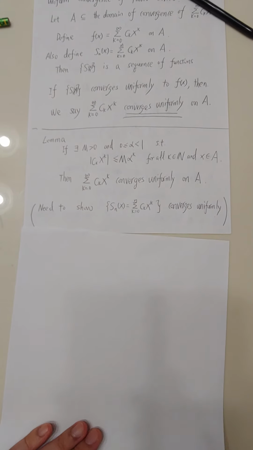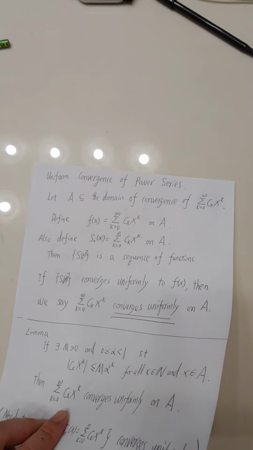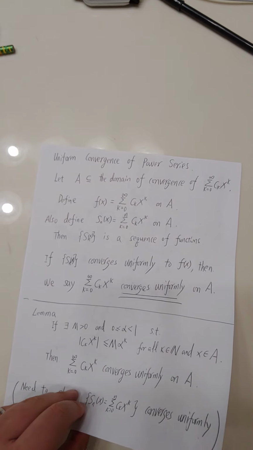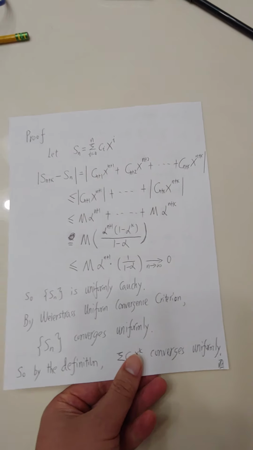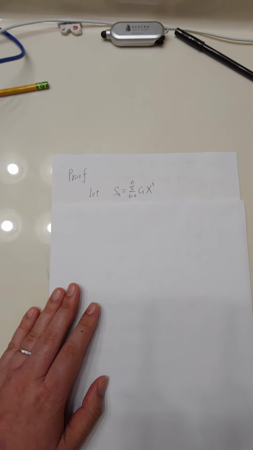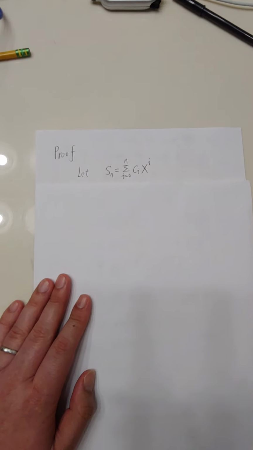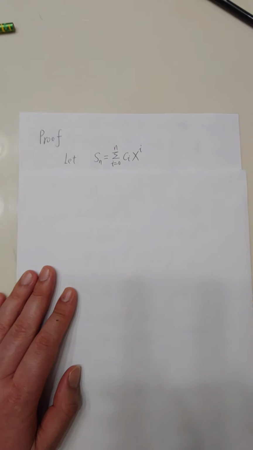So we want to use the Weierstrass uniform convergence criterion. We want to prove that this sequence of functions is uniformly Cauchy. So let's look at the proof.